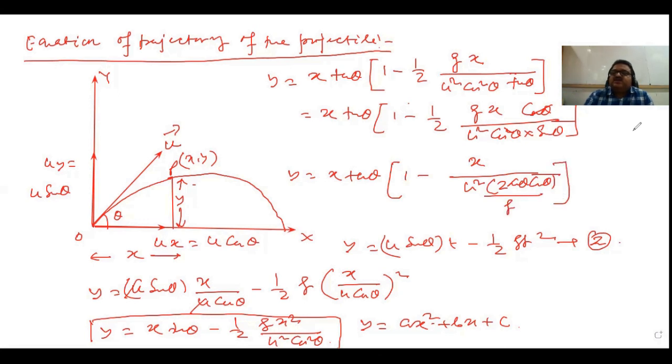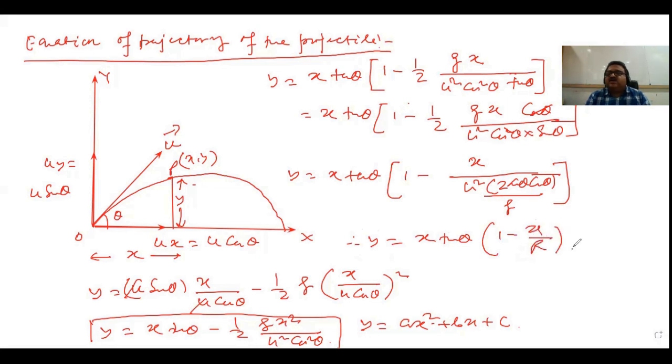Correct? So it is nothing but the formula for range. So this is the representation of the equation of trajectory in terms of range: y equals x tan theta times 1 minus x by R. This is the equation of trajectory of the projectile in terms of range.